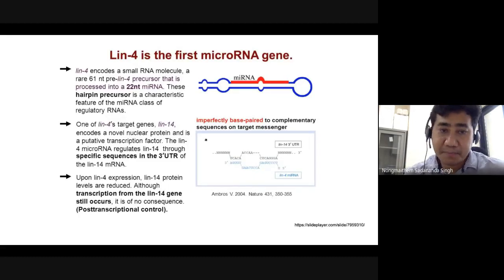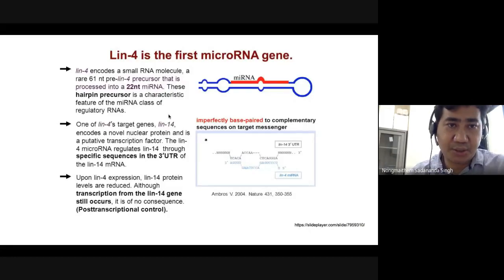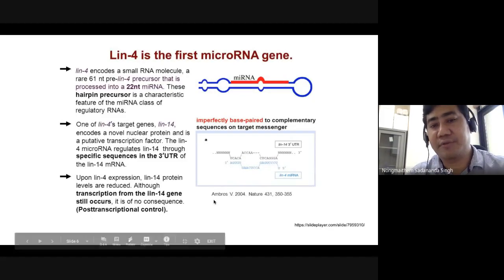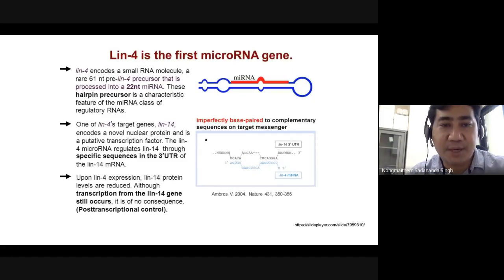And Lin4 was not known in the starting phase, in the Horvitz lab, I think. There they discovered the mutant in gene Lin4, but further on it was dissected by Ambros and one of his colleagues, leading to the discovery of this microRNA.